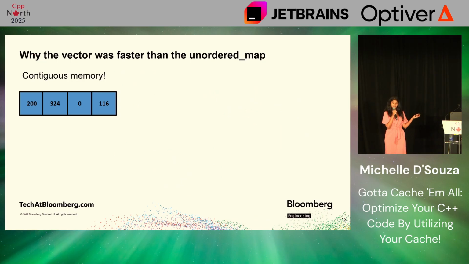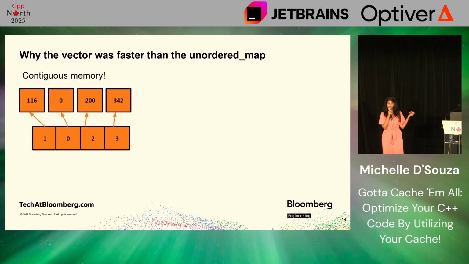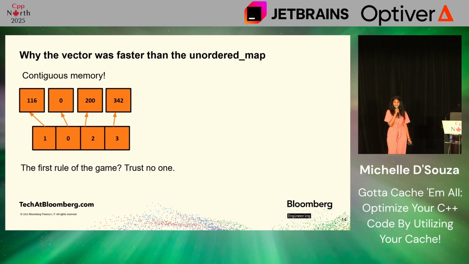So we had contiguous memory for that vector. But for the unordered map, things were a little different. I know I showed you this diagram, but the first rule of being a detective is to trust no one, including me.